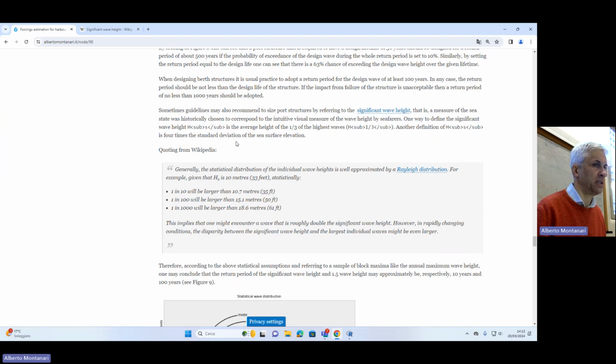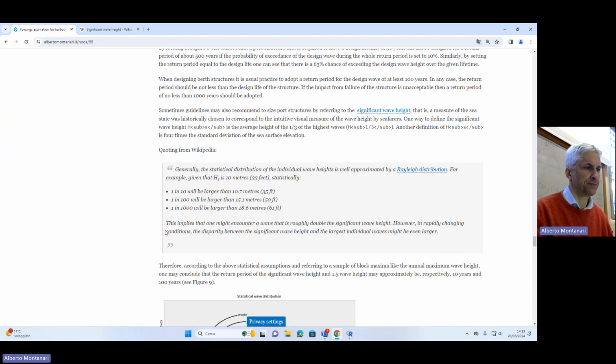I call significant wave height Hs, and s is a subscript, and I forgot, I wrote this yesterday night, and I forgot to put the subscript in the correct form, okay? Let me correct it, not right now.